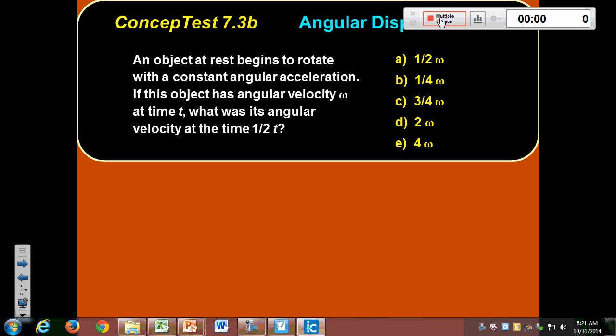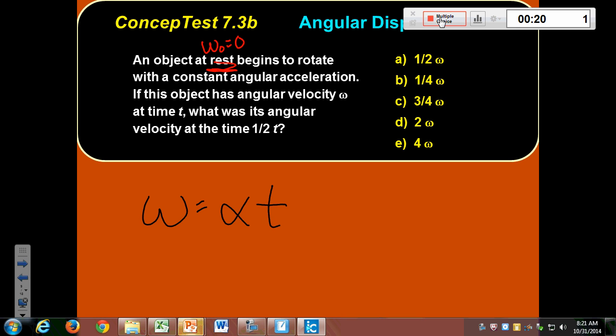An object begins to rotate with a constant angular acceleration. The object has an angular velocity omega. What was its angular velocity at time 1/2 t? To remind you, omega is equal to alpha times t. That's assuming you know that it's initially at rest, so omega naught equals 0.